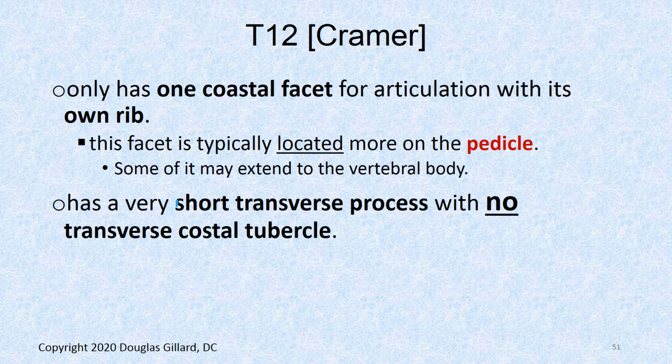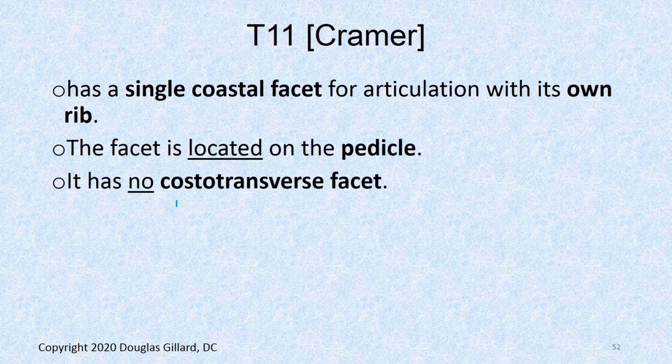Why? Because it doesn't have any transverse costal facet. So the T12 rib only connects to that facet on the body and nothing else. There's no connection to the transverse process. There's no connection to the sternum either. So it's a floating rib. So that's a little bit weird about 12.